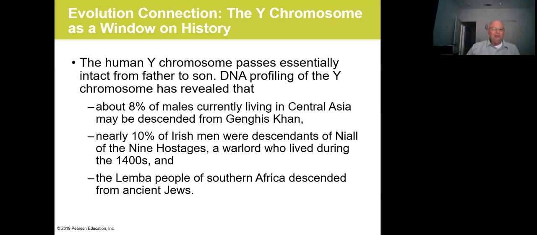And apparently he liked to sleep around with all the members of his harem, and he frequently fathered sons, children, and a lot of sons through this. And of course, the Y chromosome is the chromosome that gets passed from father to son. And it turns out that about 8% of the males living in Central Asia carry the Y chromosome originating from Chinggis Khan as a consequence of all of this.